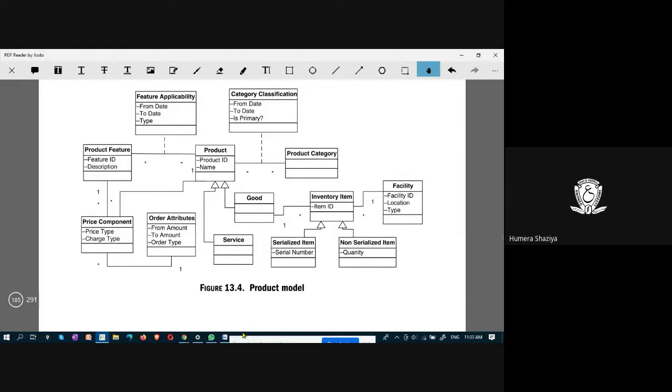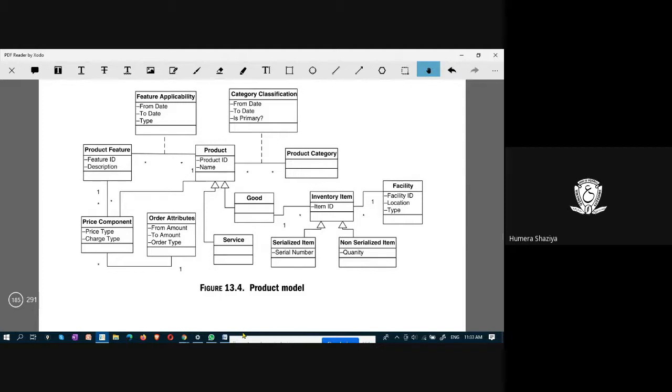It is decided by some features. Even a product company also decides sometimes the price of the pen. And the other attributes include from amount to amount. Okay, this is amount and order type.